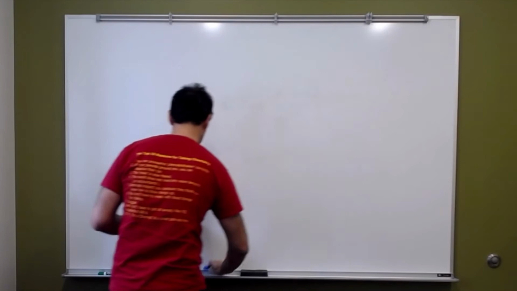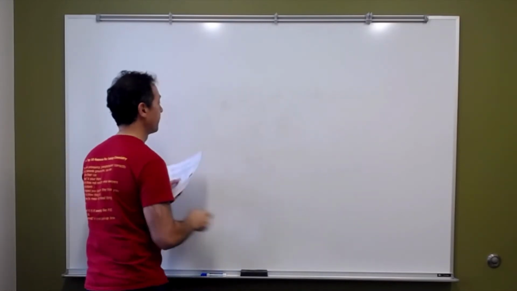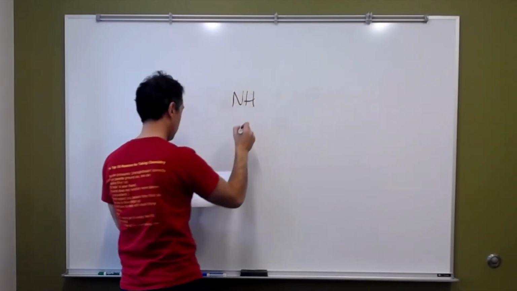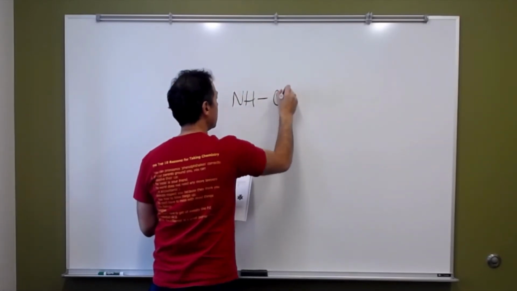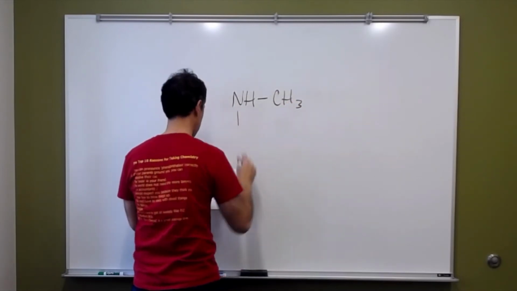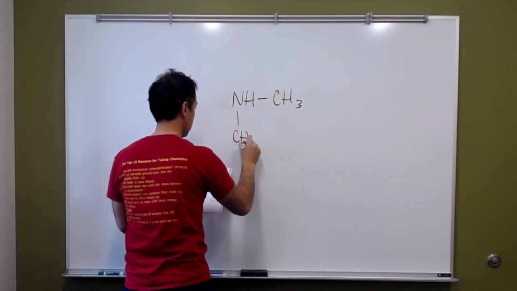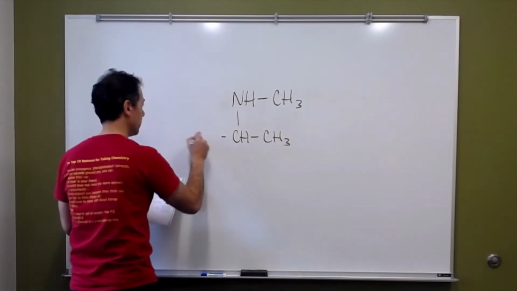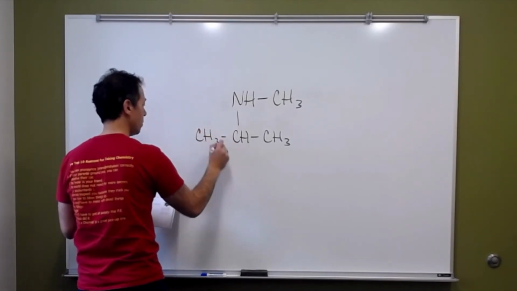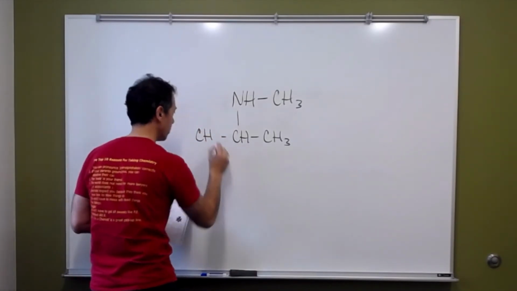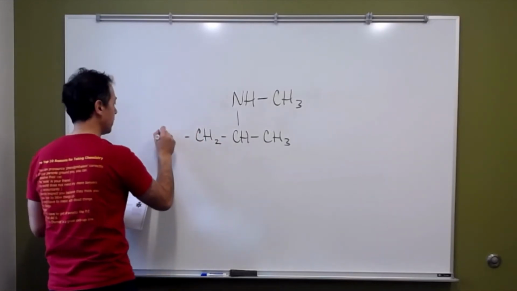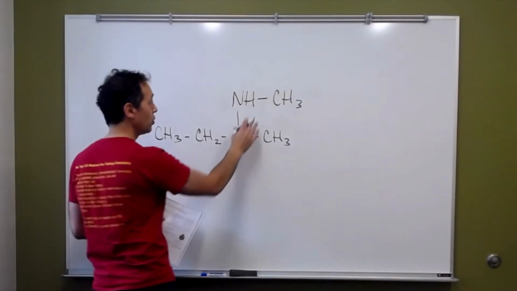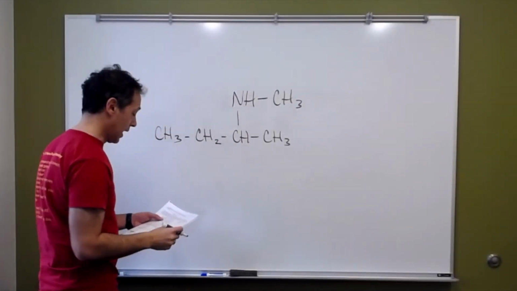If I have a nitrogen atom like this, I'll go NH like this, and then I'll go CH3, and then coming off of that, CH, and then CH3, and then CH2, and CH3, like this.